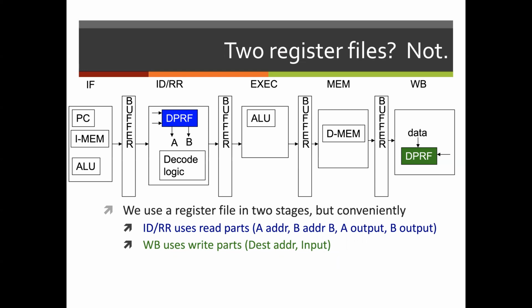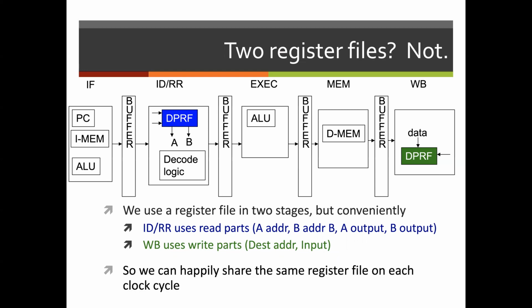So this allows us to share the register file on each clock cycle. So that means that the representation for our dual ported register file in both stages will use the same logic and consequentially will represent the same hardware unit that we'll utilize.